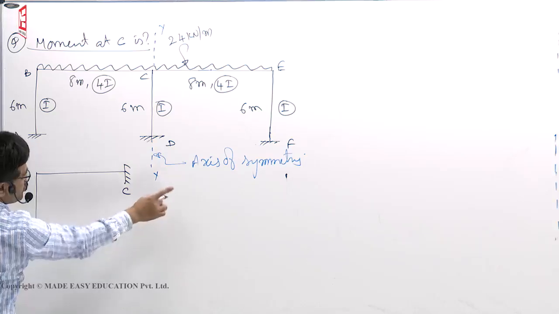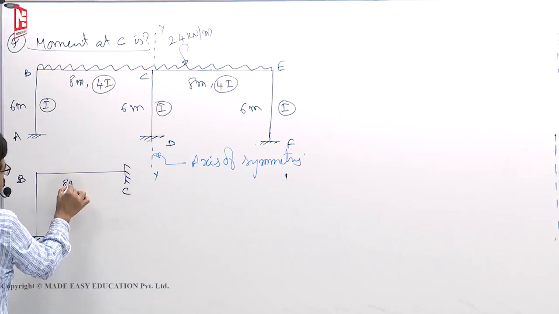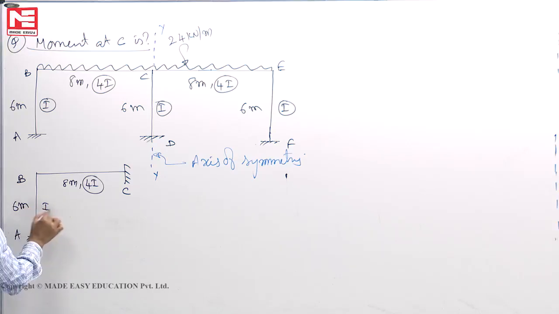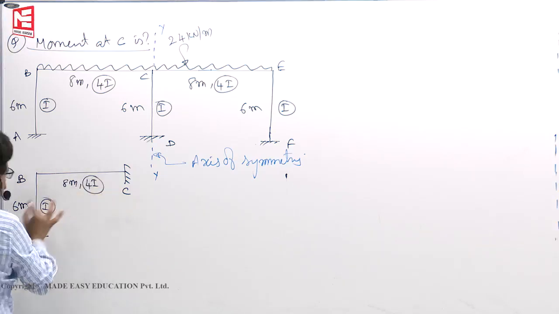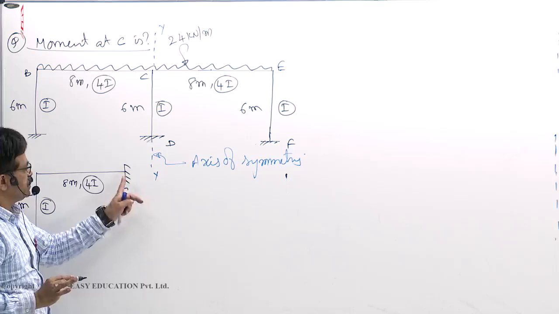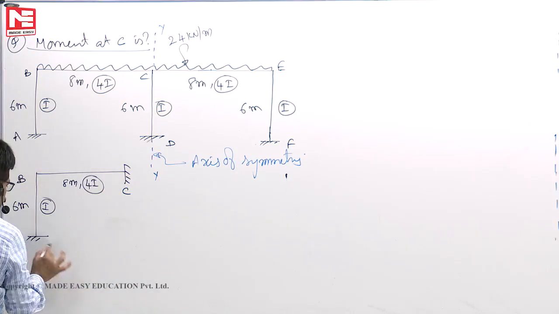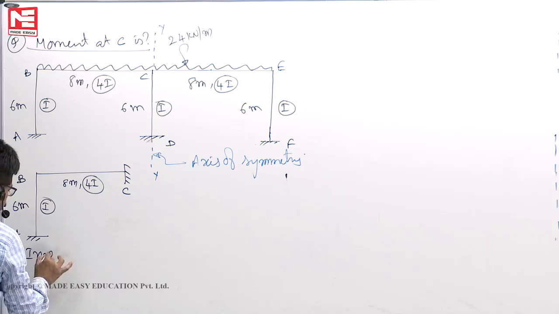Since the axis of symmetry is passing through the support, we should not change any relative stiffnesses at all. A, B, C, lengths, I values, everything as it is. C is not an imaginary support, it is an actual support. This is your imaginary frame.